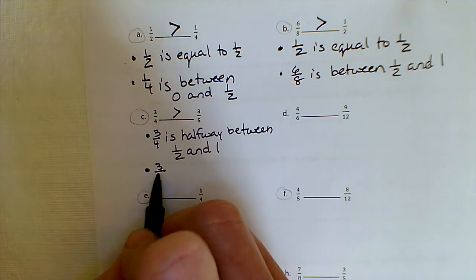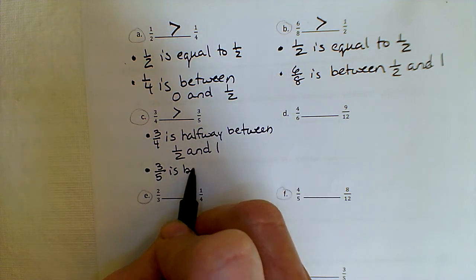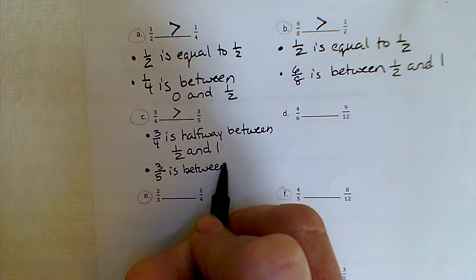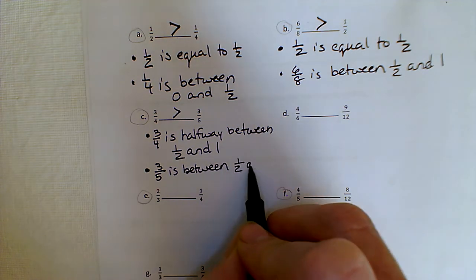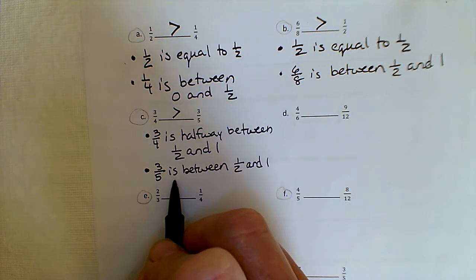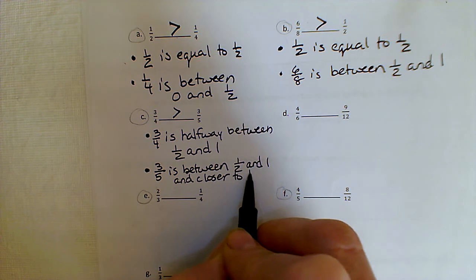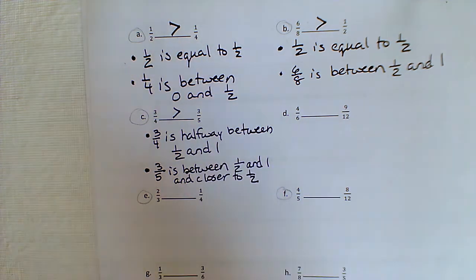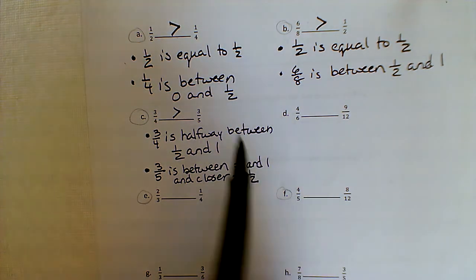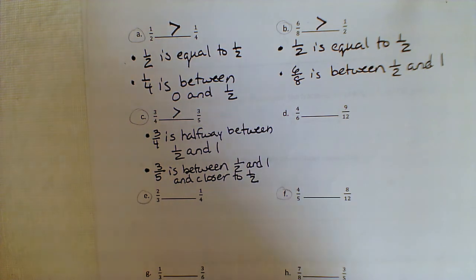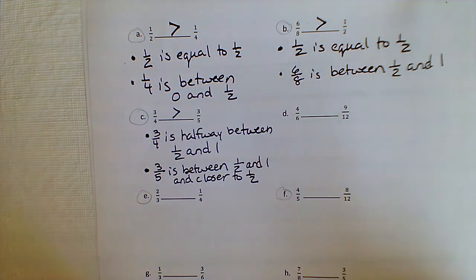And the other thing I know is that 3/5 is between 1/2 and 1 and closer to 1/2. So since it's closer to the half than 3/4, we know that it was smaller. So that's the reasoning that we're using for this one.